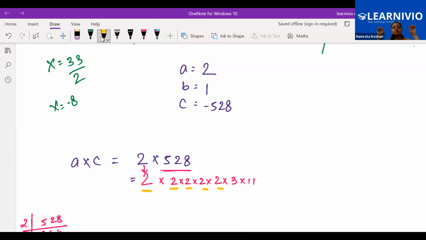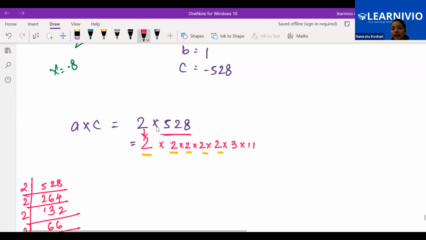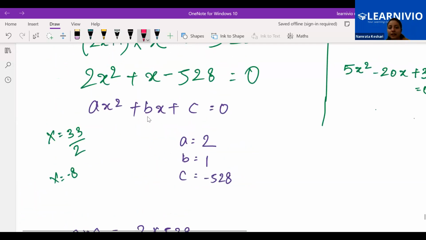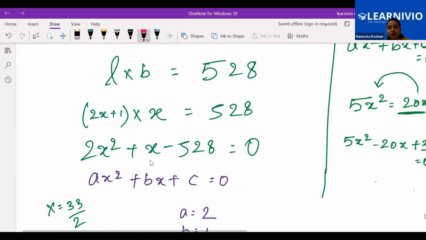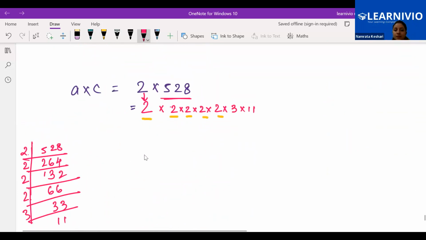Let me show you how we are going to make the teams, so that by taking those two numbers and adding or subtracting them, we will end up getting the middle term, that is plus 1. Okay, so let's see. If we make a team of, let's say, 2 2 2 2 and the rest, if we make a team of this all and this all, what are we going to have?